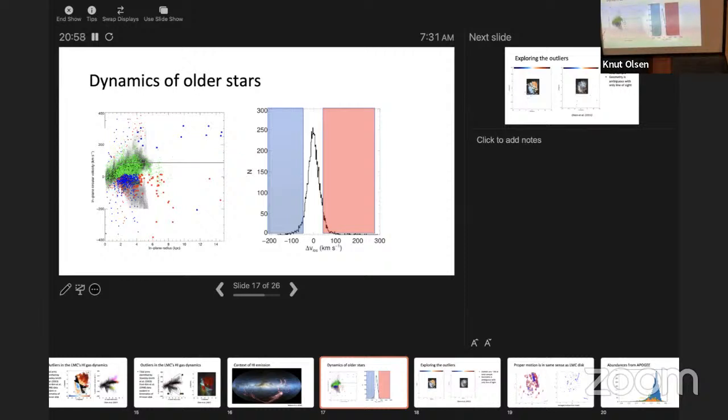And so we can take our model of the internal kinematics, subtract it from the velocities that we observe of all these stars, and make a residual diagram, and just look at the tails of the residual, and they all fall mainly down in this area, also some up here, which is interesting.